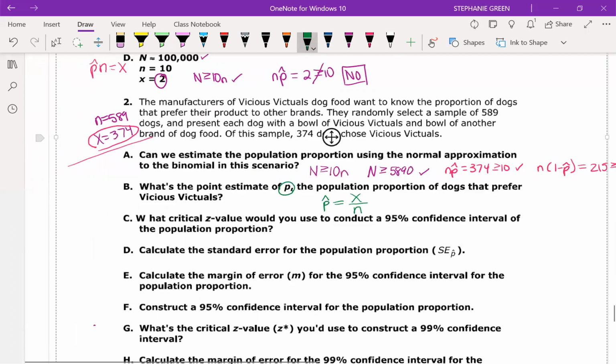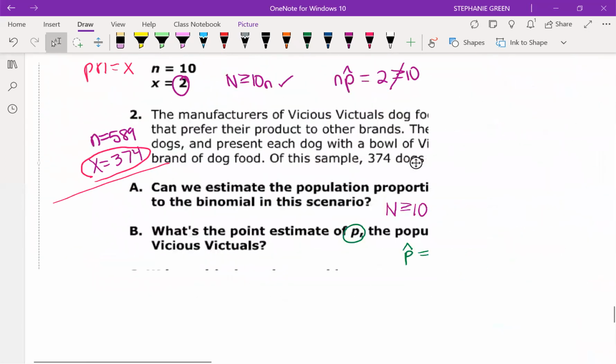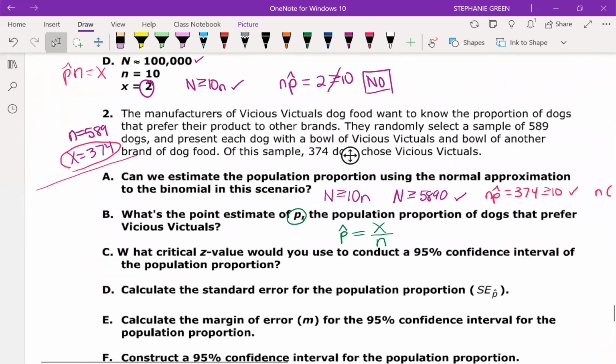And we have those numbers over here. So I'll just take 374, divide it by 589, and I'll get my sample proportion, which we're going to use as a point estimate of the population proportion. That is 0.635. So there's my p hat.